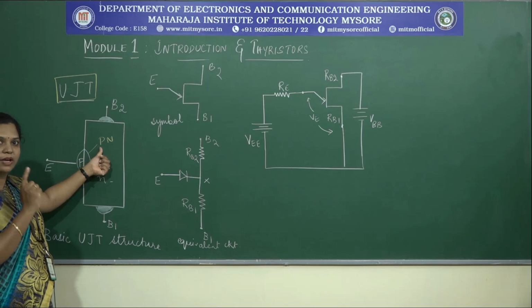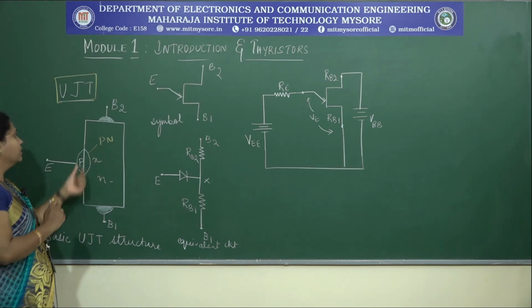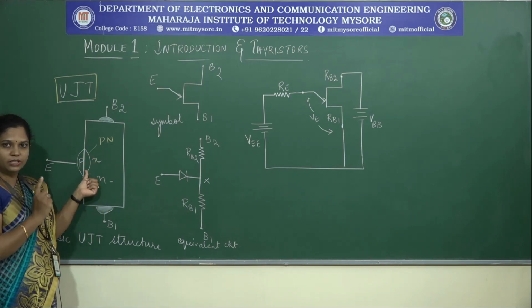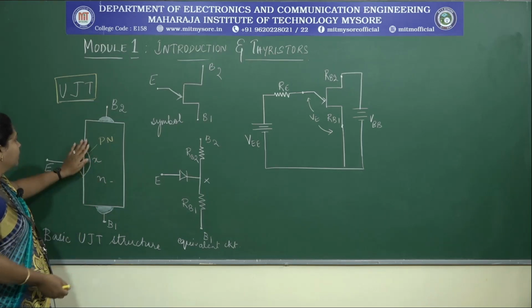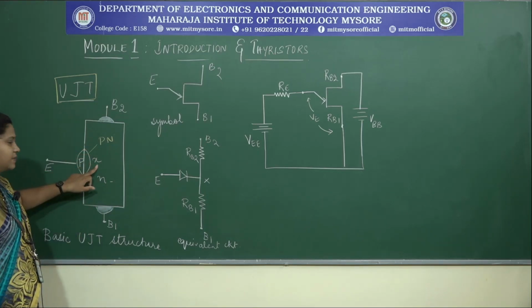So we come across only one single junction, and that is known as a unijunction. This point is also known as the X point.